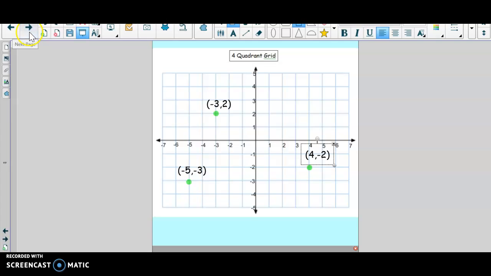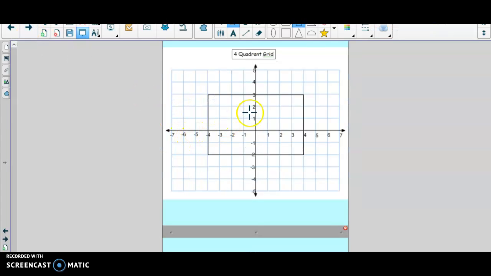Okay, let's do a little test. How about this rectangle that I've put on the four quadrant grid? Can you tell me the coordinates of these vertices? Yeah, that's the easy one, isn't it? It's 4 along and it's 3 up.